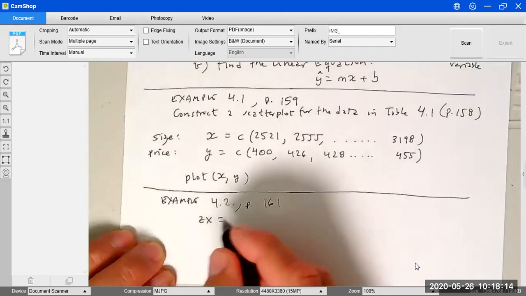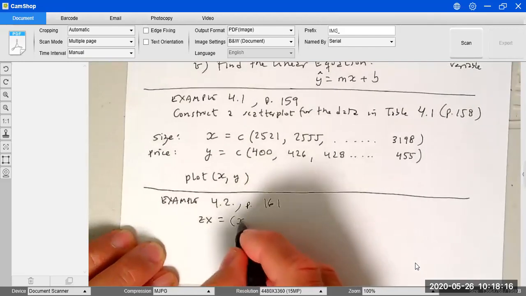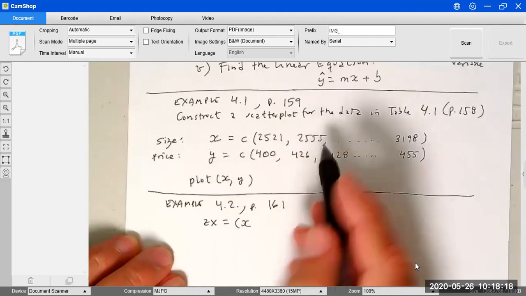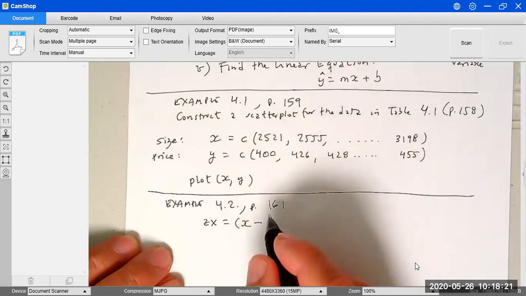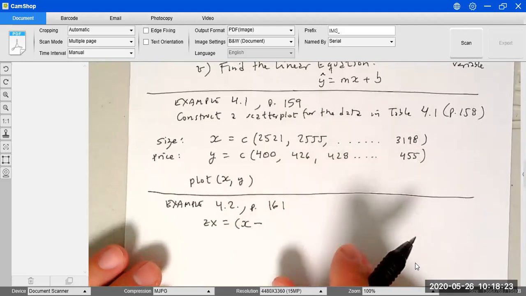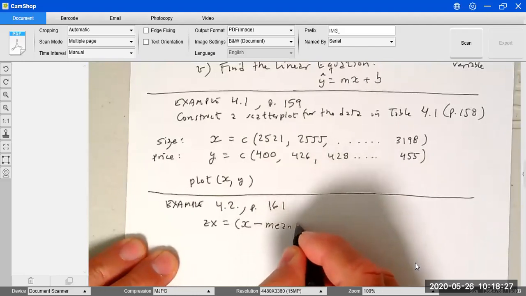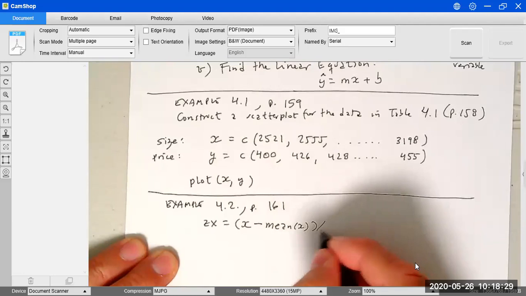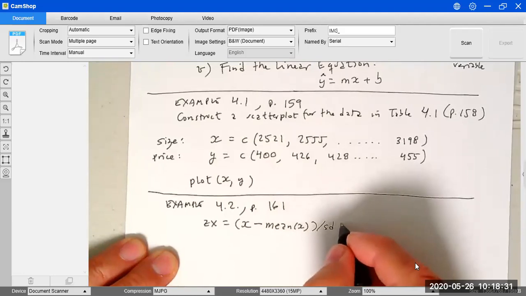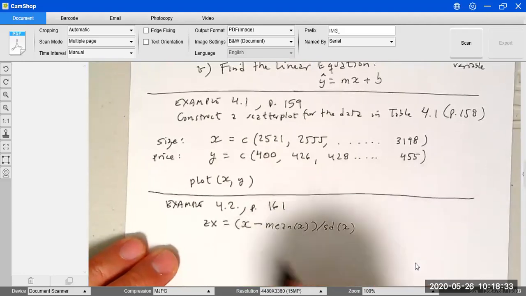Zx is going to be just any value that we entered previously, x, minus the mean. So we need the mean of x, and we're going to divide by the standard deviation of x.